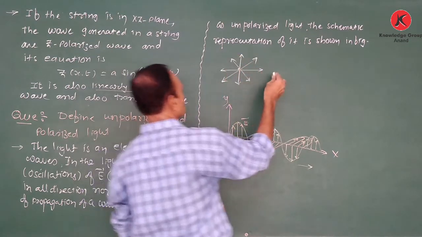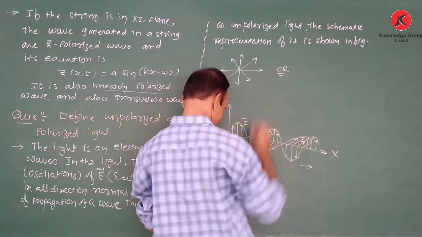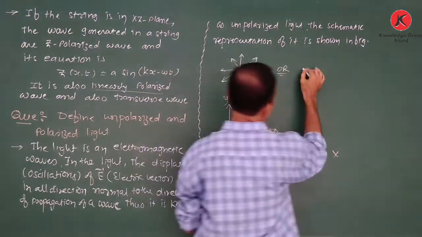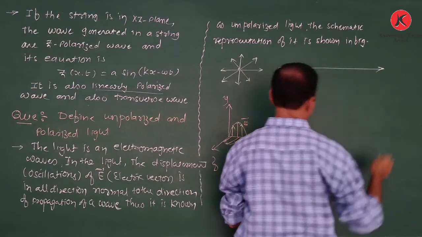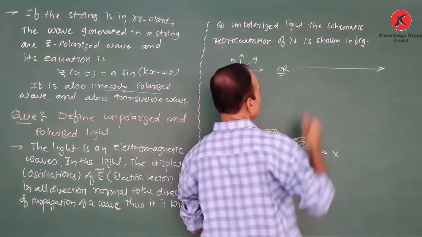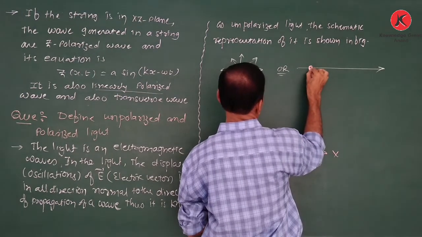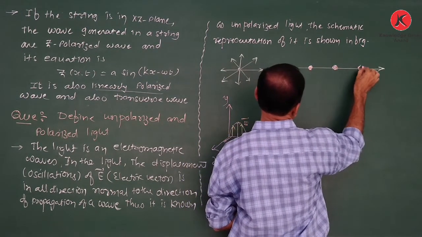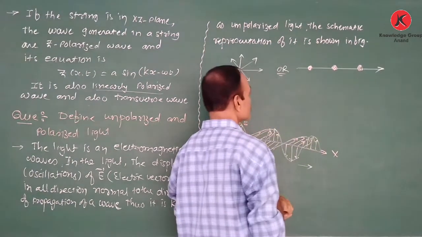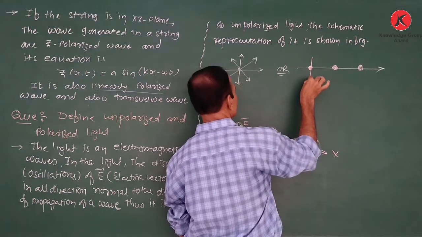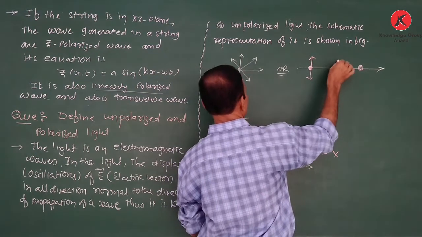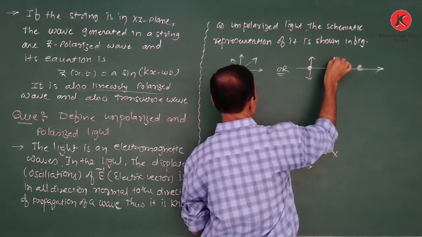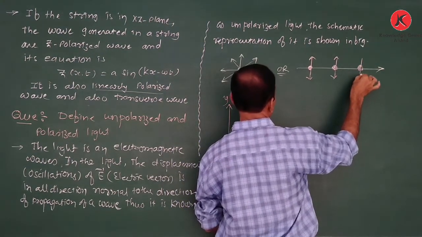Here the light is propagating in this direction, so the two directions of oscillation are shown, by a dot and also by the vector arrow. So that is the symbolic representation of unpolarized light.